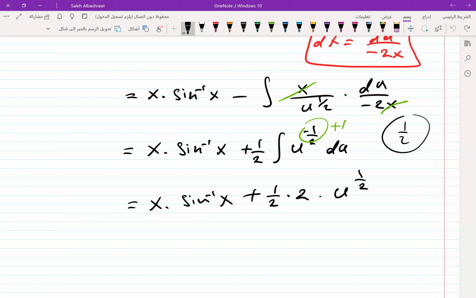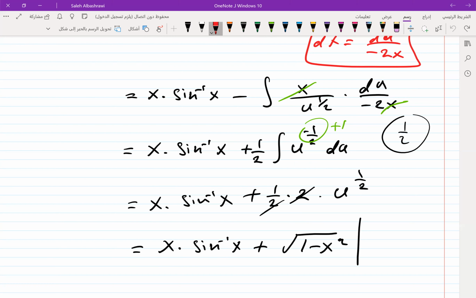Now I have x and u. I have to write u back as a function of x, then I will use the limits of the integration. So this is equal to x multiplied by sine inverse x plus, this will cancel, square root of 1 minus x squared.